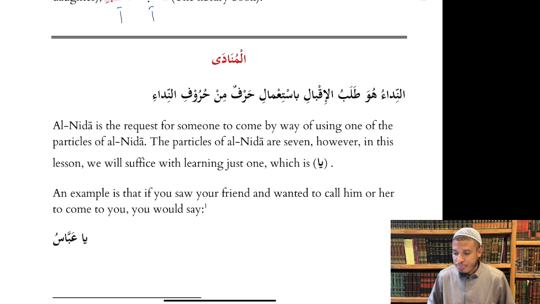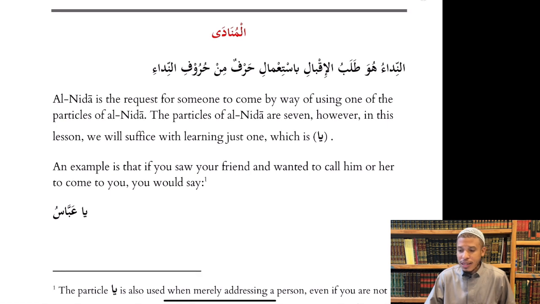So an example, if you saw your friend and you wanted to call him, or you wanted to call her, then you would say, for example, Ya Abbas, or Ya Khadija. Now, even today it can be used when just addressing a person.